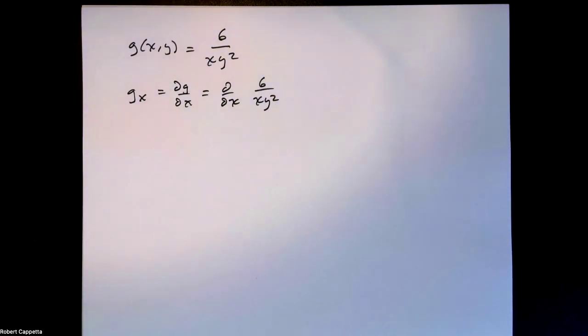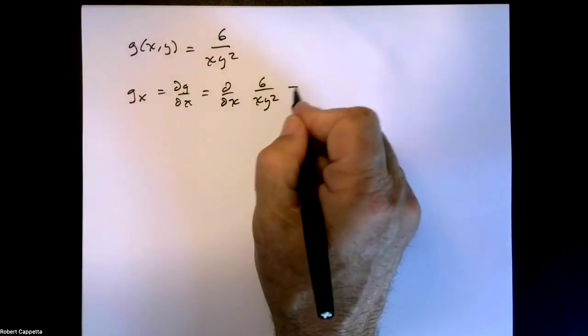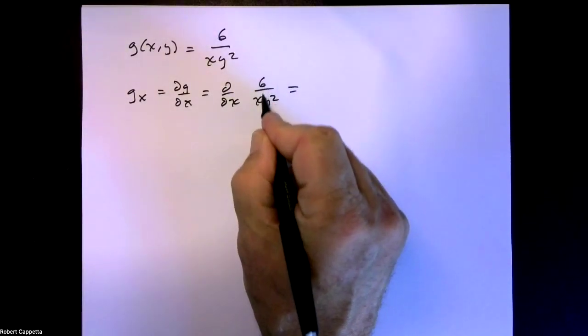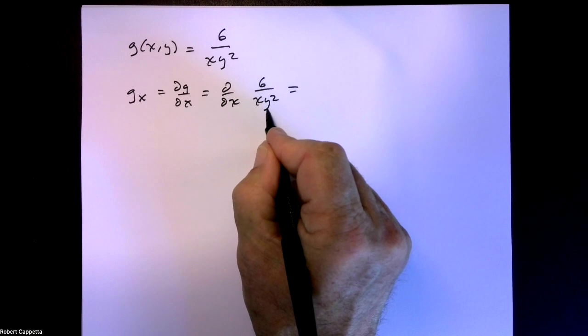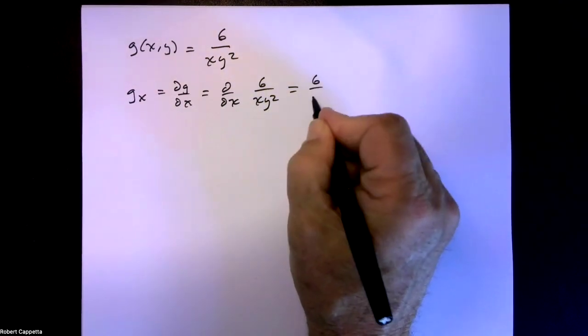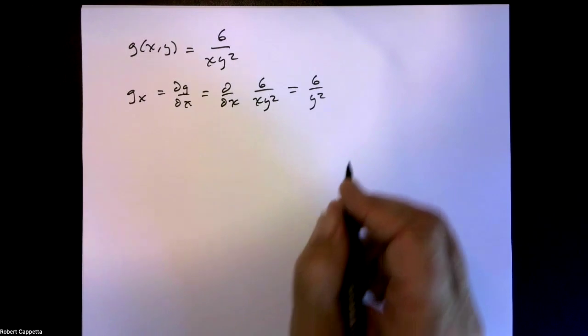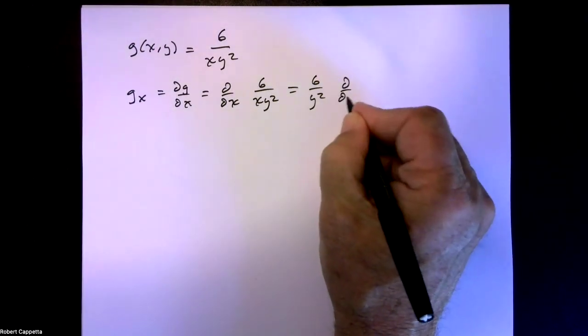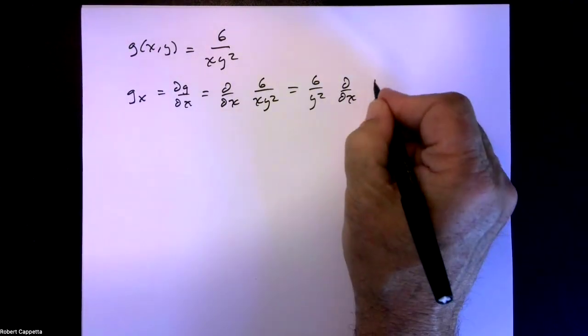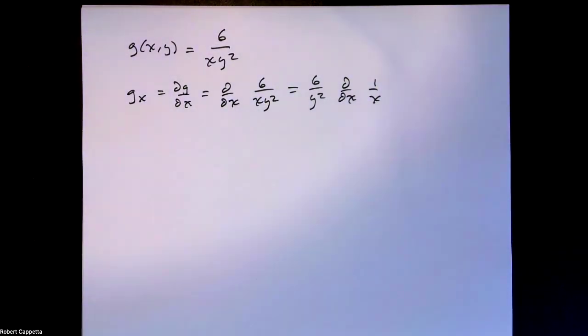So how do you think this is going to work? Remember, we can pull constants out in front. What is perceived as a constant here? Well, 6 is perceived as a constant. Y squared is perceived as a constant. So we can pull out 6 over y squared times the partial with respect to x of 1 over x.